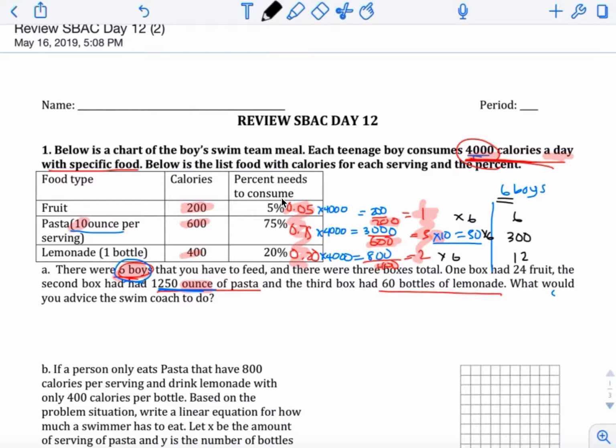And the coach only needs 12 bottles, not 60. The coach needs to return 38. Period.